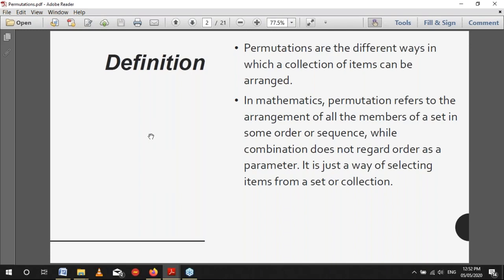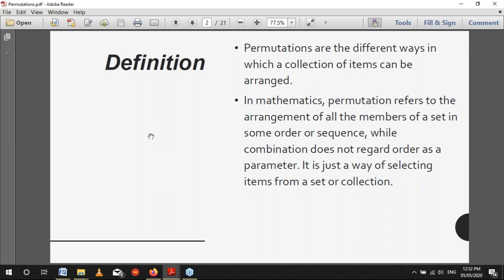In mathematics, permutation refers to the arrangement of all the numbers of a set in some order or sequence.